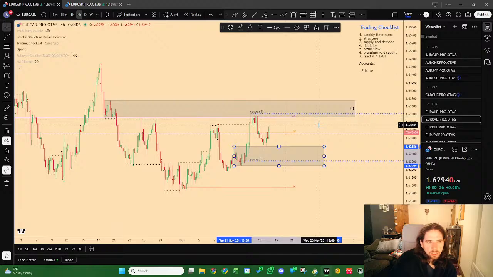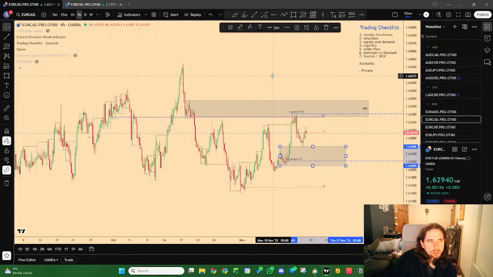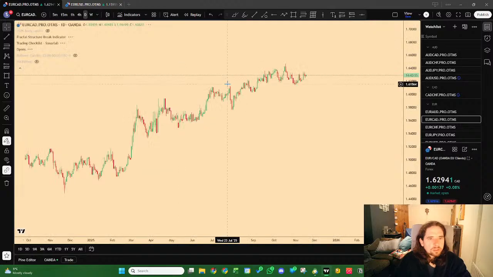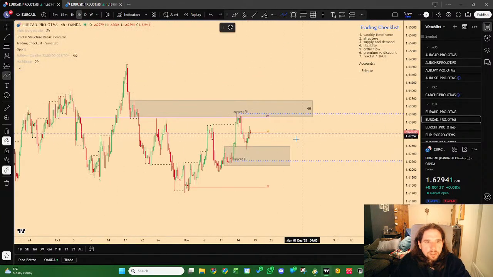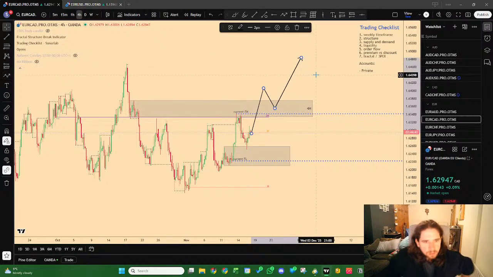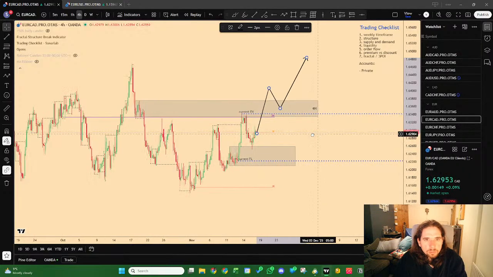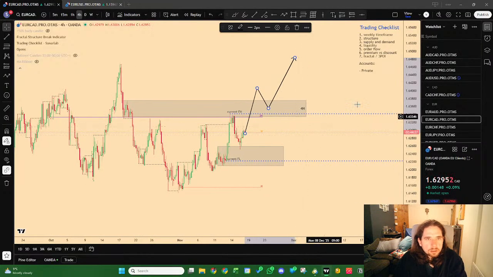So where's the market going? Well, the weekly is bullish. The daily was bullish. So what I'm looking for is this to be broken, tap into there, and that goes up like that. That's what I'm looking to happen.